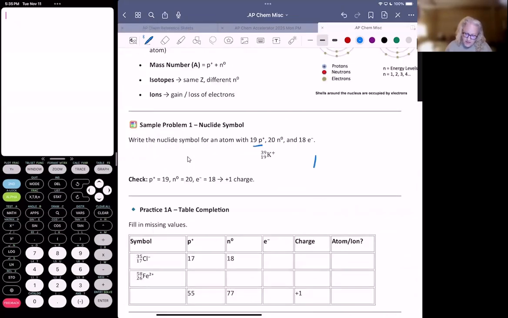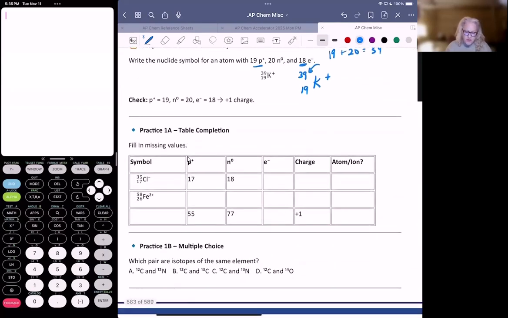The bottom left-hand corner is always the atomic number, which is the number of protons, here 19. The mass number is in the upper left-hand corner, and that's the number of protons plus the number of neutrons, so that number is going to be 39. And because it's got one fewer electron than protons, it actually has a plus charge because it's short one electron.